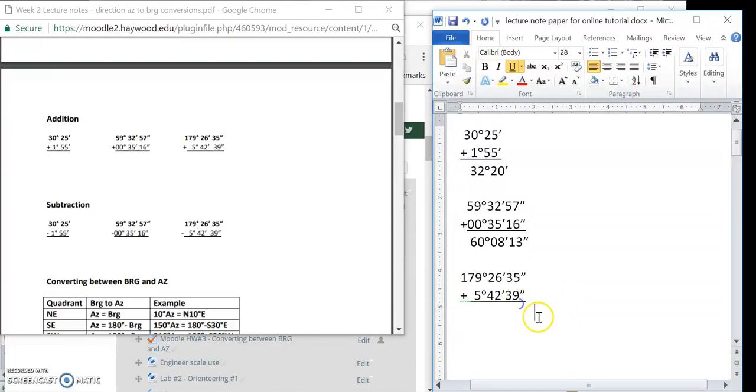Okay, let's try it again on this one, just for fun. So we've got 5 plus 9, that's 14. Let me get rid of that underlying stuff. So we've got 14. Carry the 1 over, that becomes 74.